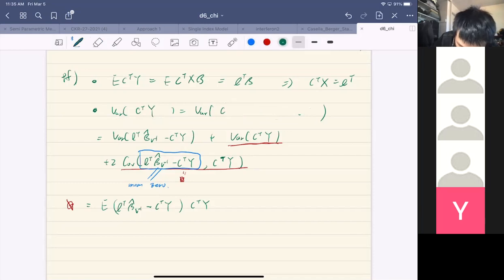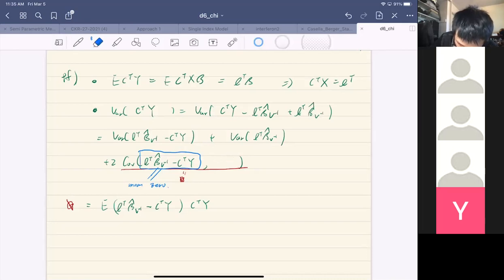So this is C transpose Y minus this. So it should be the variance of this term, and this is the same.